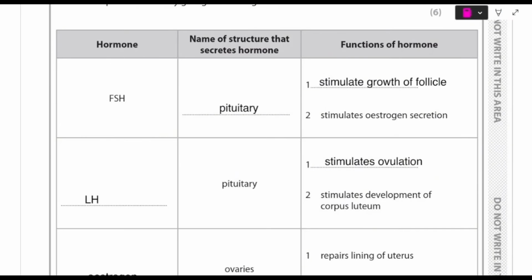So next we have one of the most important roles of hormones. In this table we have all of the hormones and their locations where they were released and their functions. So let's start from FSH.